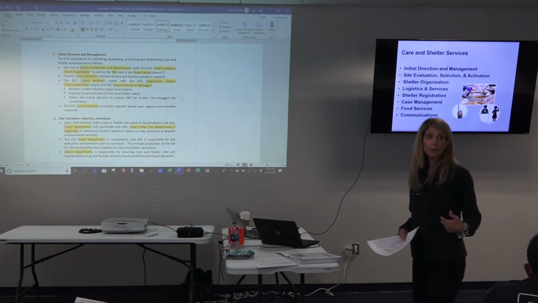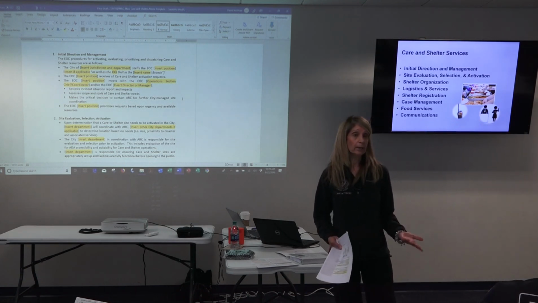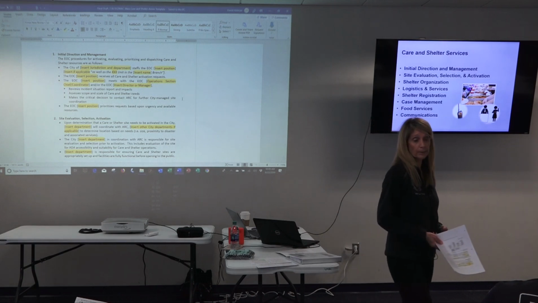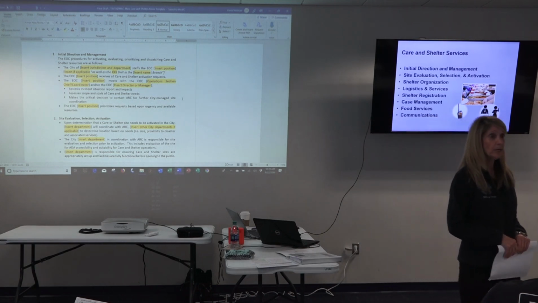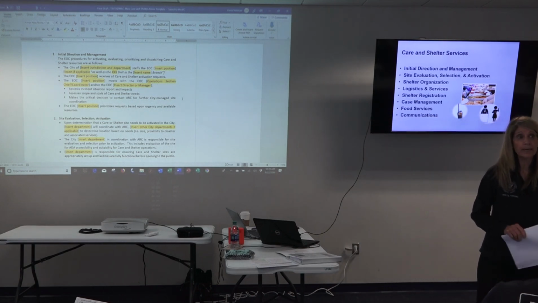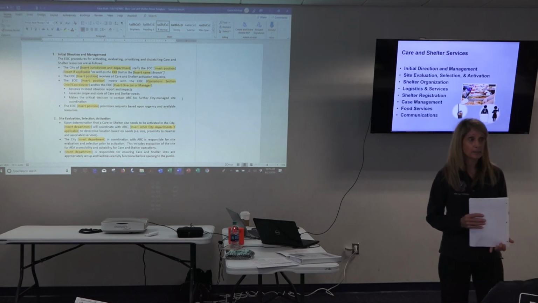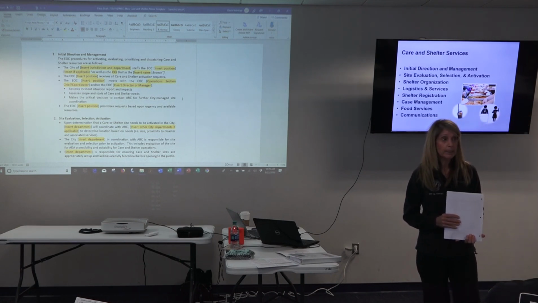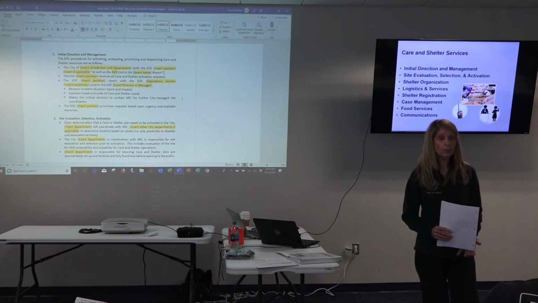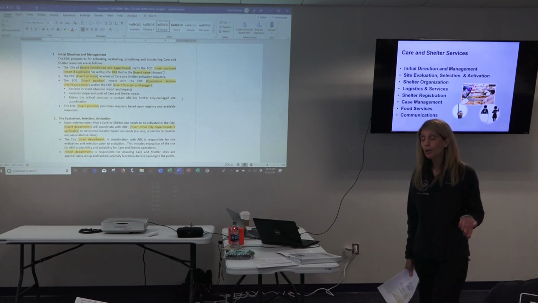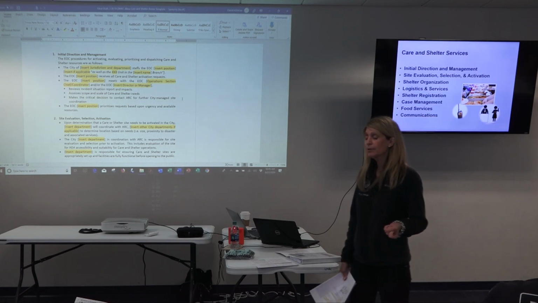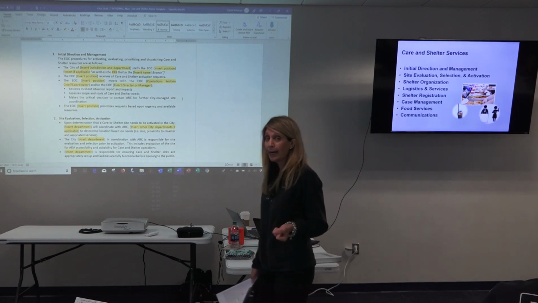The good news is American Red Cross is our partner, and a lot of times they participate in that site evaluation. Definitely when you're looking at site evaluation, that accessibility requirement is a mandate. Now, the thing with accessibility is I'm not going to go into ADA accessibility for shelter locations. There's actually guidance.